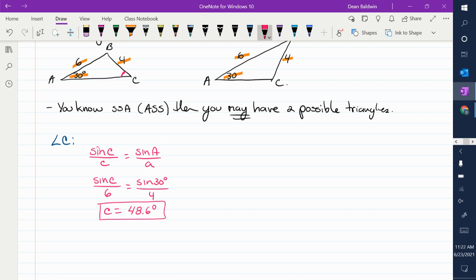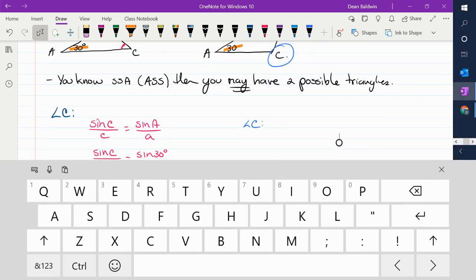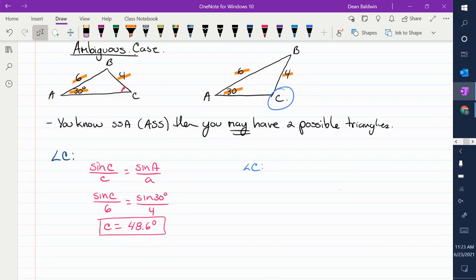If you do it on this triangle over here, all right, solving for that, we're going to go, what do I want to do here? Oh, yeah, okay. So remember how I swung the arm?